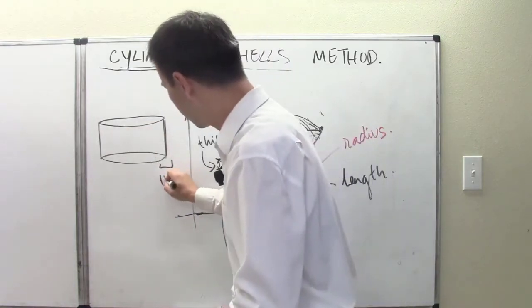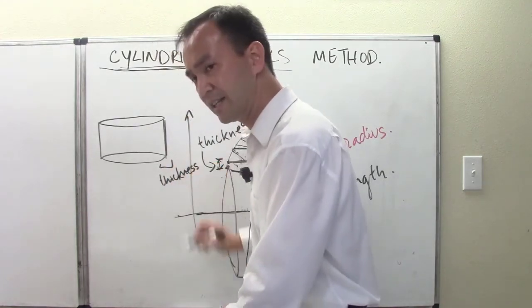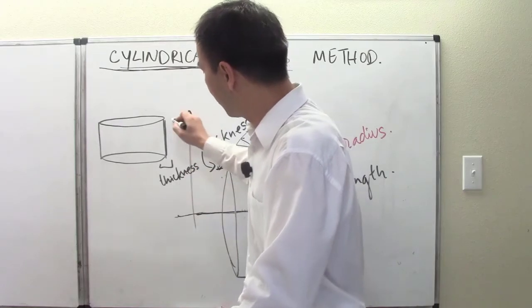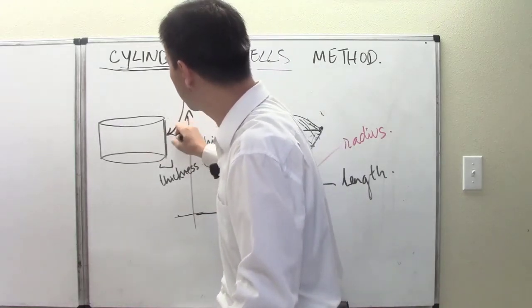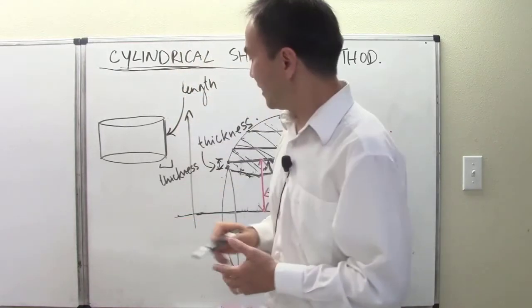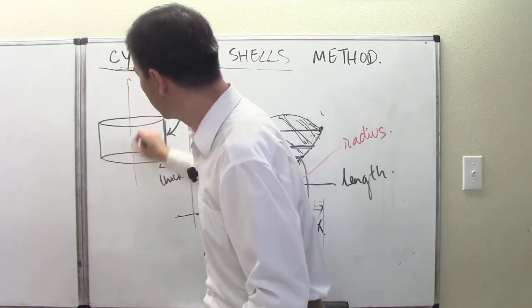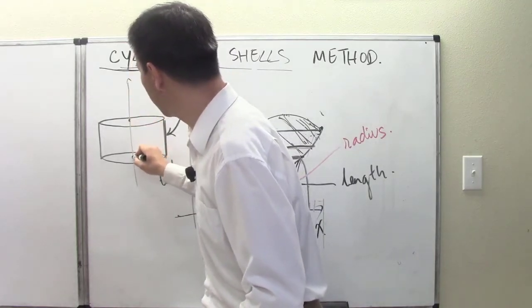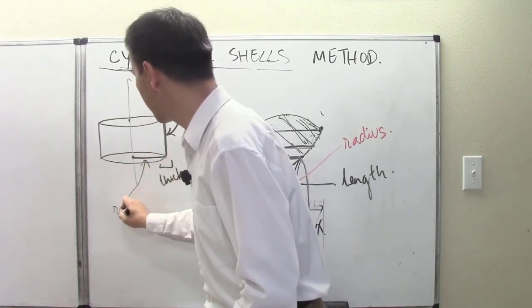So this is the thickness, but being extremely thin and getting thinner. We have thickness and we have the length. This part right here is the length. Then the rotation axis is going through like that. Let me make a note of that. That part right there is the radius.